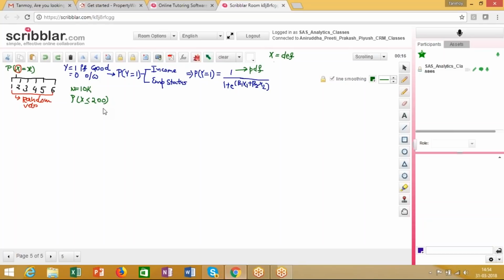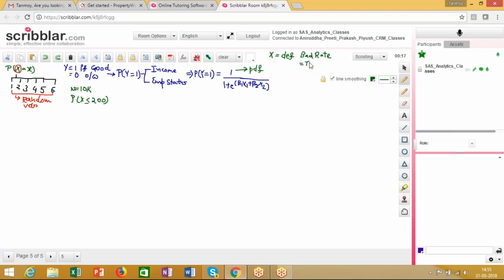Now, when the bank is trying to do this analysis, the bank needs to know two things: on average in that portfolio, what is the good rate and what is the bad rate? So how do I define the bad rate over here? The bad rate is nothing but the total number of bad borrowers divided by the total number of borrowers.